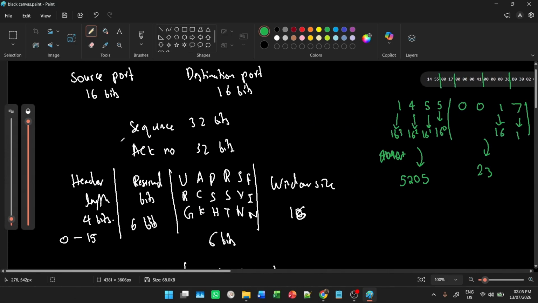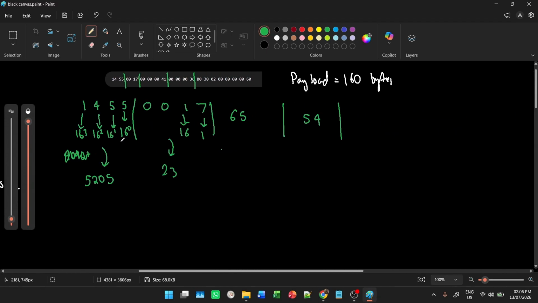we need to find the header length, reserved bits and all that stuff. So 4 bits is reserved for header length. So first of all, let's write it down. B030, 4 bits. So this is meant for header length, right?